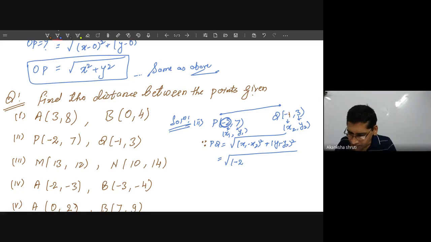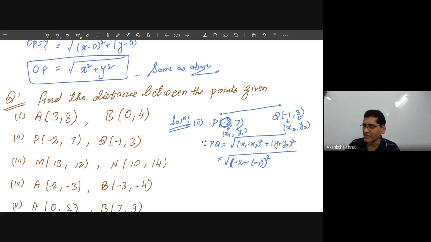Next one is the formula sign, which is already there. Now for this one, again here it is minus, so you have to take care: minus of minus 1. So this is going to give us the difference of the x coordinates. So this has to be squared.